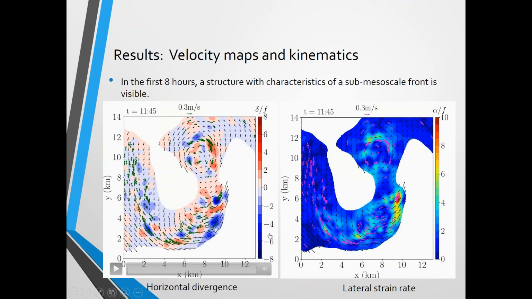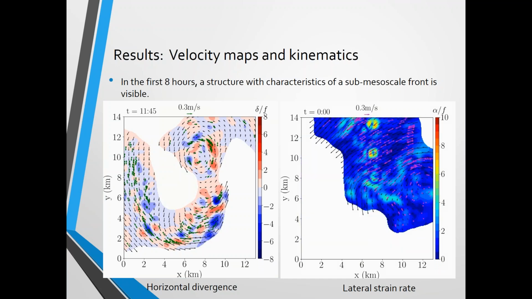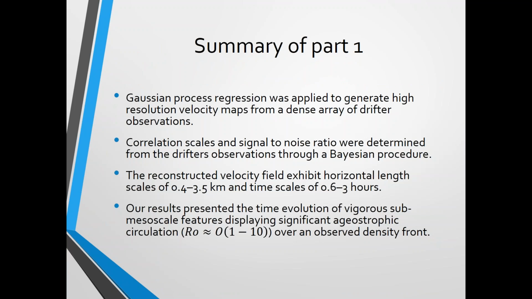And actually the values that we found were slightly higher than what I've seen reported from numerical models, which would go up to 5 times the planetary vorticity. And here I have peaks of horizontal convergence to about 8 times the planetary vorticity. And so very strong submesoscales happening in the flow field.